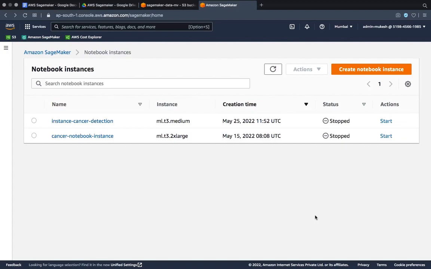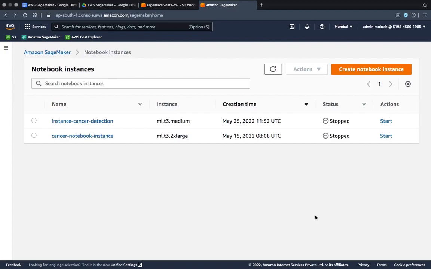So that's how SageMaker knows which logs to send. It totally depends upon the algorithm. Whatever logs the algorithm sends to stdout and stderr, the same logs will be sent to AWS CloudWatch logs.